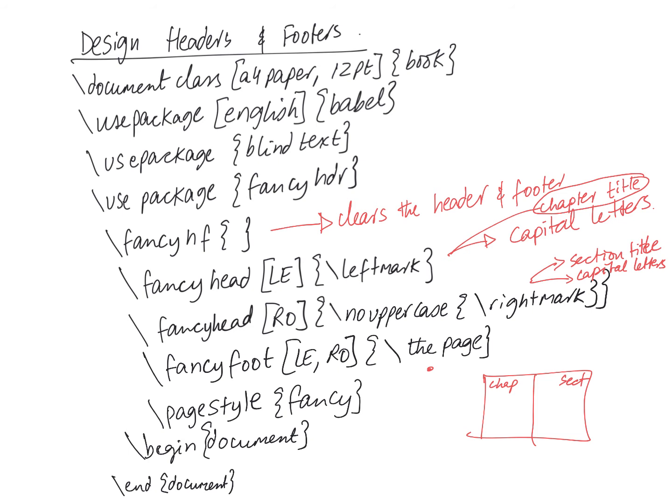All those commands are used to modify the page style provided by fancyhdr right here and right here. These are connected. The style is called fancy. We had to tell LaTeX to use this style, and we did it through pagestyle fancy.